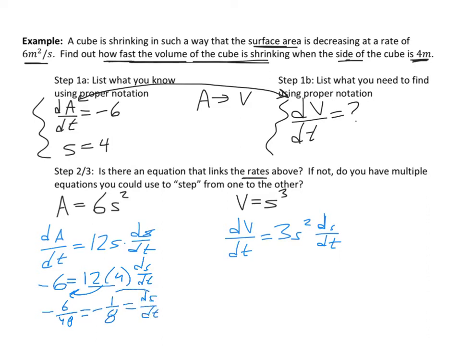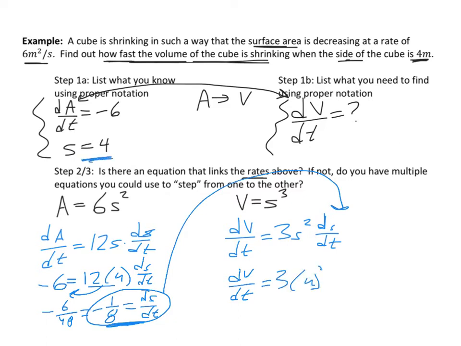So now that I have this intermediate step, now that I know that the side length is shrinking at a rate of 1/8 meters per second, I can take that and put it in over here. I can find that dV/dt, the rate of change of the volume, how fast the volume is changing, would be 3 times 4, 4 was the side length, 4 squared, times that -1/8 that I had just found.